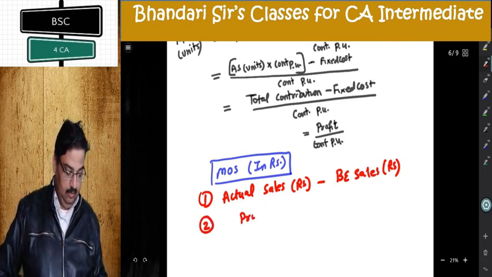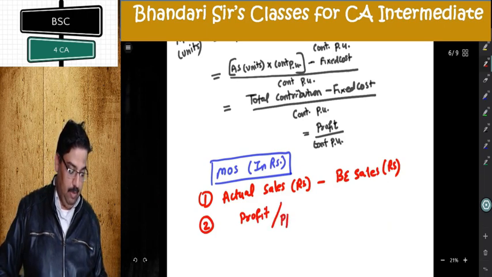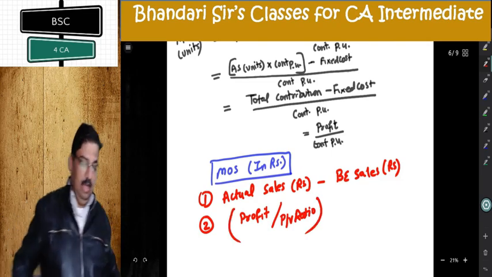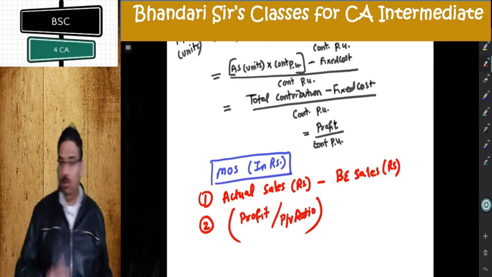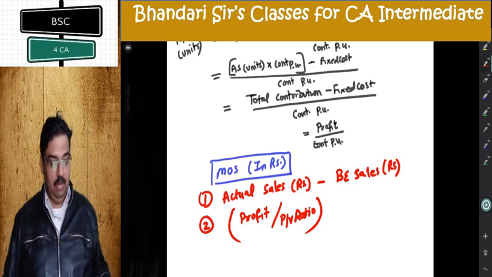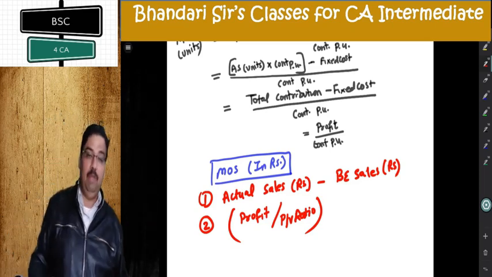And second, profit divided by PV ratio. Derivation is quite similar. I am not doing the derivation here. You can remember the formula as such. Profit divided by PV ratio.